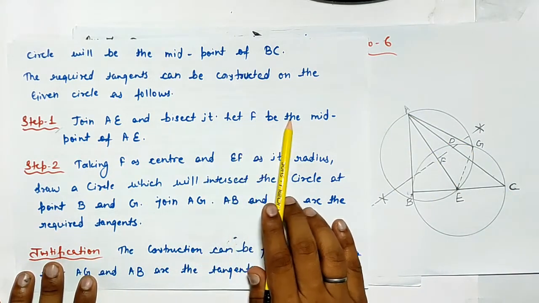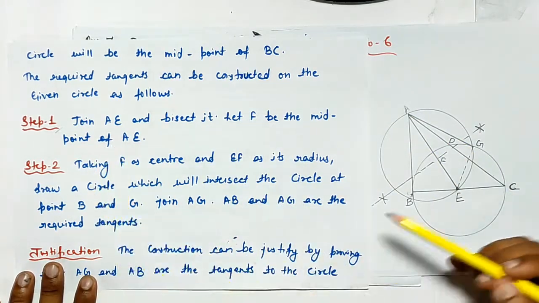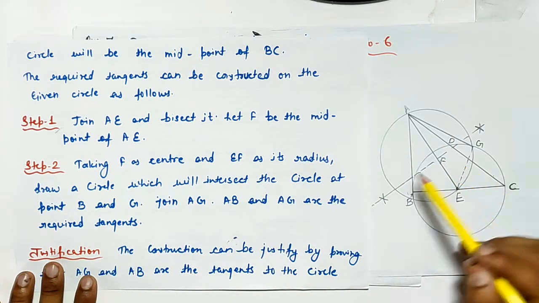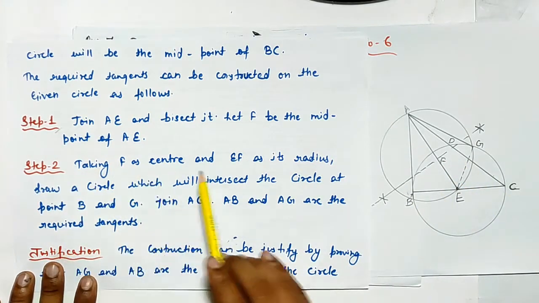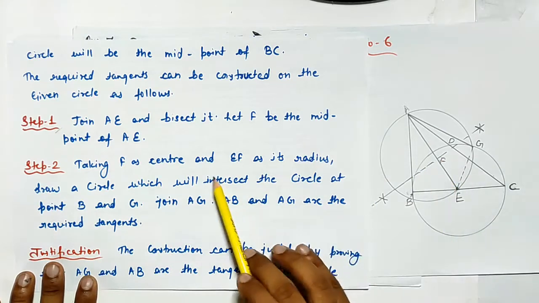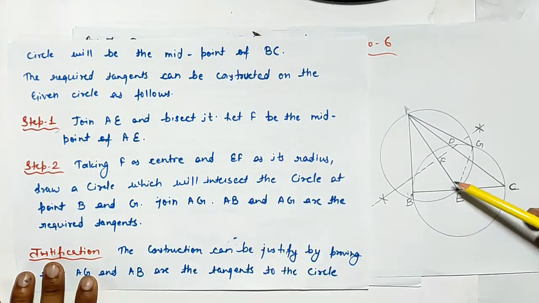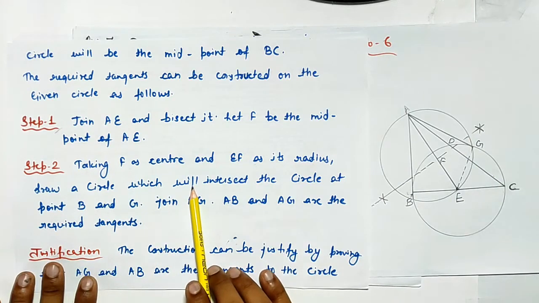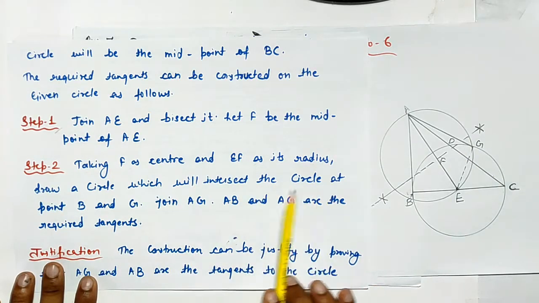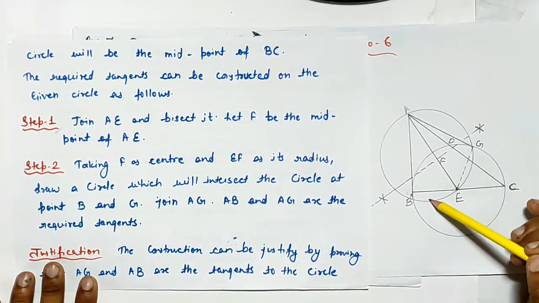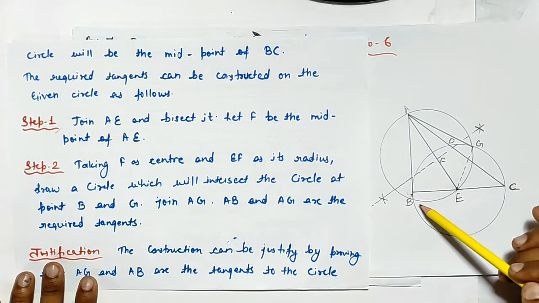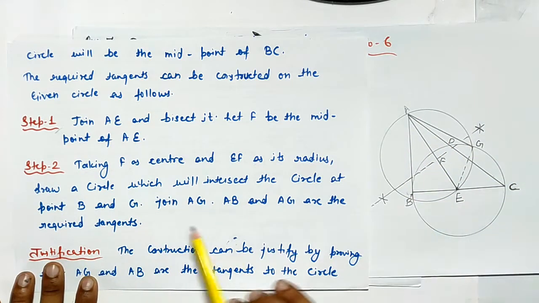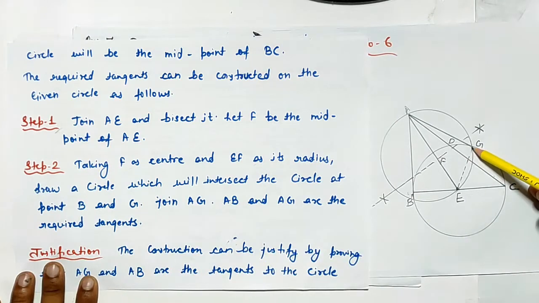Let F be the midpoint of AE. Step 2, taking F as a center and EF as its radius, draw a circle which will intersect the circle at the points B and G. So this is the second circle which intersects at point B and G. So this is the point G.